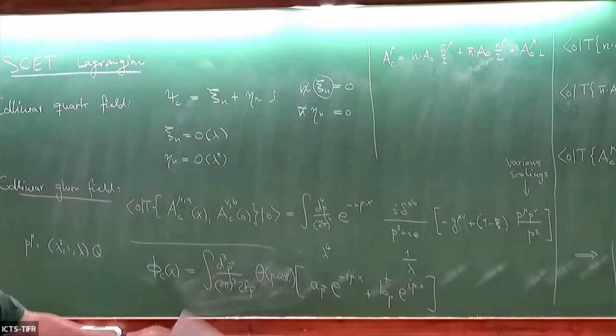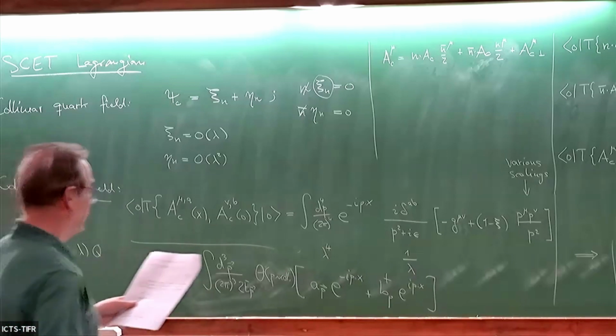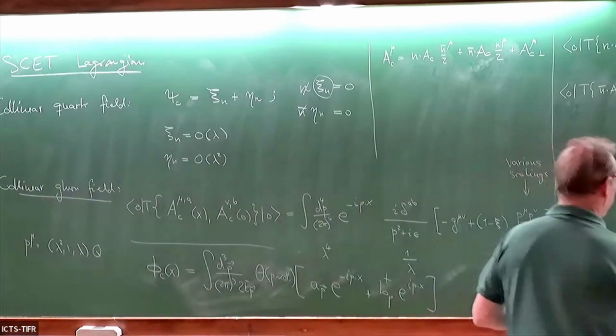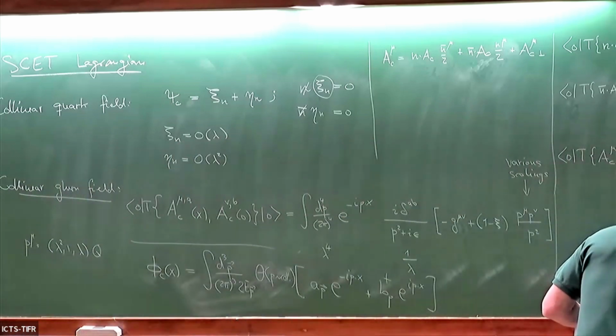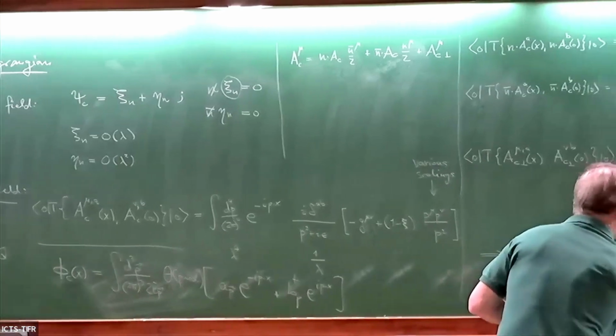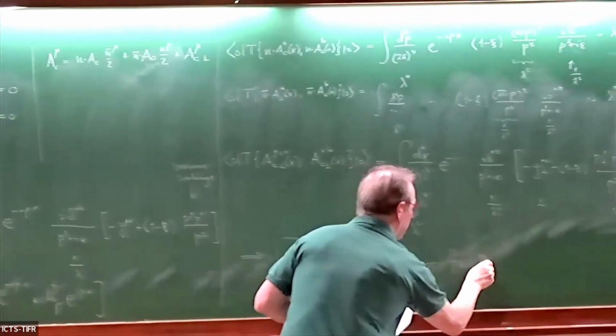So these relations, first of all, tell us that not all components of the gluon field have the same scaling, which is, again, not what we naively expect. But what are these relations? What do we see? They are the same as the collinear momentum, same as for the collinear momentum.